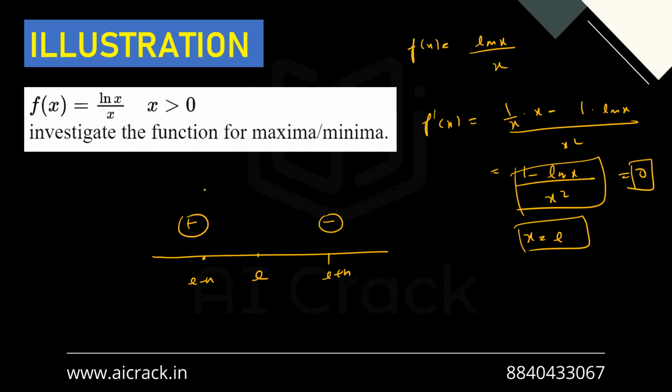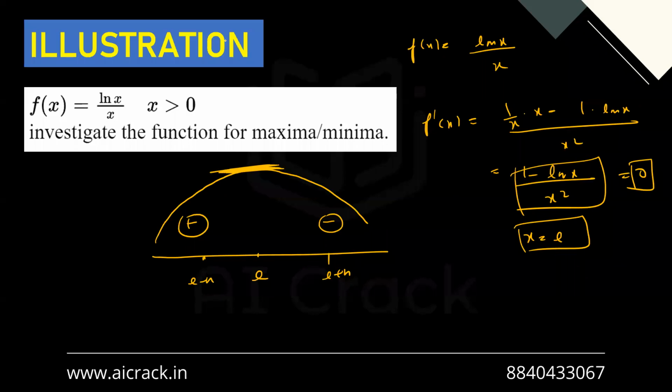So this is positive. So we have something of this sort: positive slope, zero slope, and negative slope. And this particular function is obviously differentiable. There is no case where this function is not differentiable in its domain. So this is the point of local maxima.